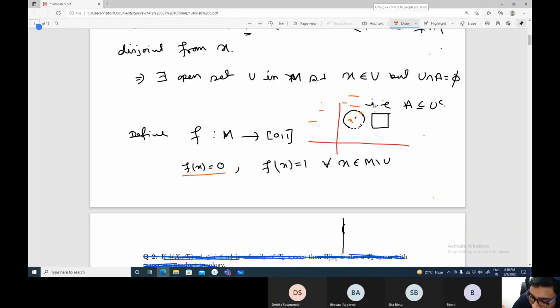Now you have x here, draw a line from x to this boundary, to say y, where y is a boundary point.